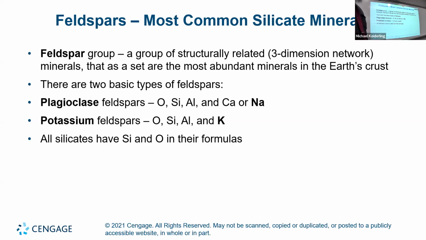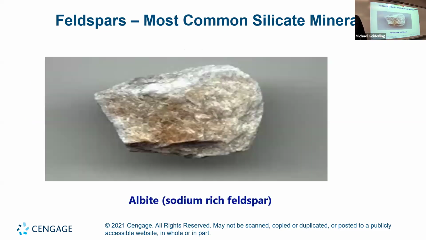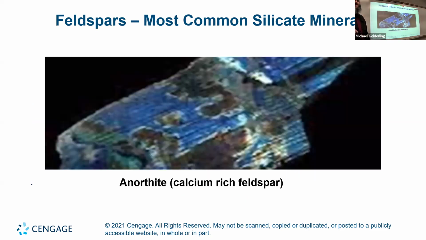And all silicates have silicon and oxygen in their formulas. The feldspars are a 3-dimensional network of the silicon-oxygen tetrahedrons with these other ions in the gaps in between. So this is albite, which is a sodium-rich feldspar. This is anorthite, which is a calcium-rich feldspar.